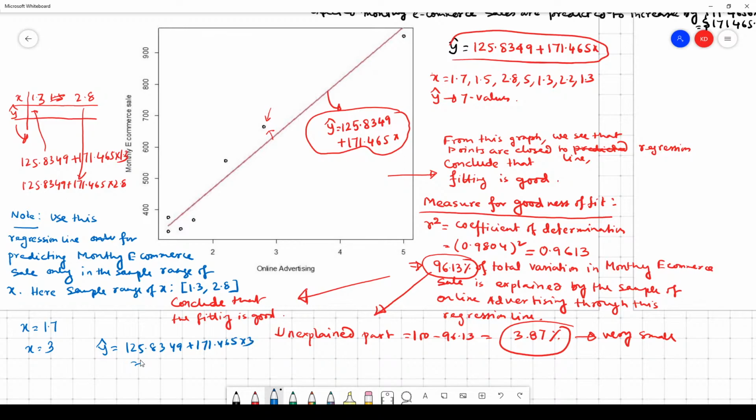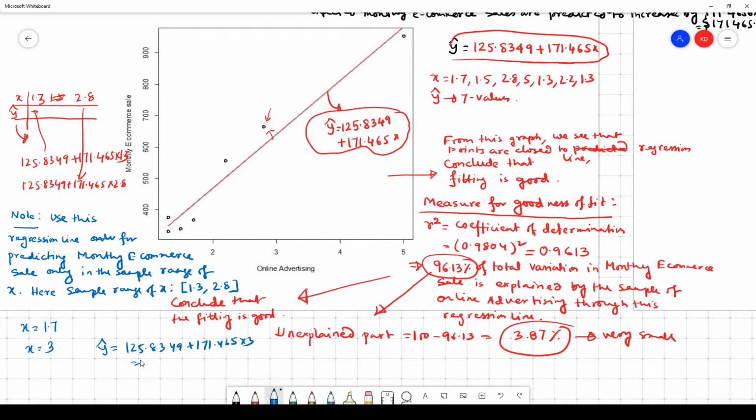After that, you state that this prediction is not reliable. Why? Because X equal to 3 does not lie in the sample range of X, and outside the sample range of X, we do not know the behavior of X and Y. So this regression line may not perform well outside the range of X. Hence, we cannot use this regression line to predict Y at X equal to 3.